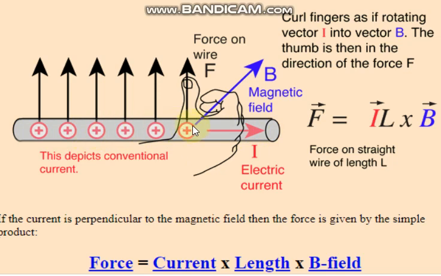Here positive charges are shown, so the direction towards the right is the direction of the conventional current, and this one is the direction of the magnetic field in which this current carrying wire is placed.